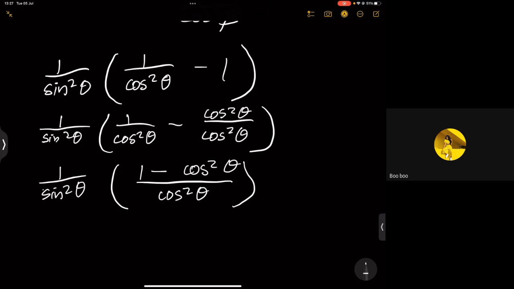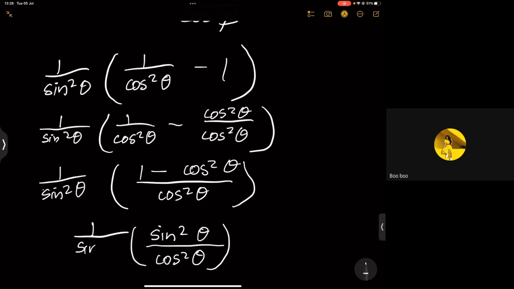Then I change the 1 minus cos squared theta into sine squared theta. All right. We've got ourselves a square identity. So that would be sine squared of theta over cos squared of theta. That's inside the bracket. So we still have 1 over sine squared of theta here.